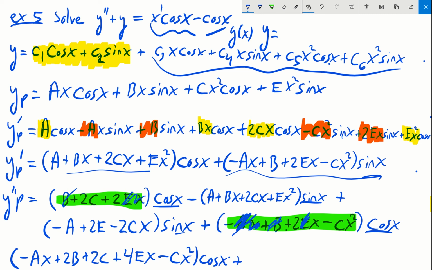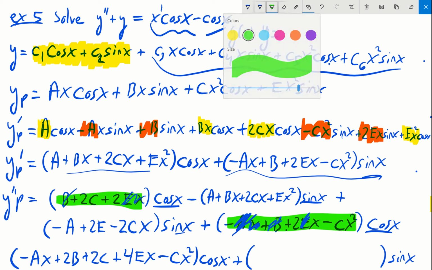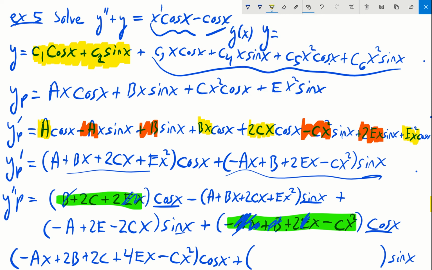And now let's go ahead and combine the sine stuff. So if we try to combine our coefficients for sine, that would be these two here. And got to be very careful to note that there's really a negative sign out in front of that first parenthesis. So really we're going to end up with two negative a's. So negative 2a takes care of this and this. We have another constant term, which is this one right here, which is the 2e.